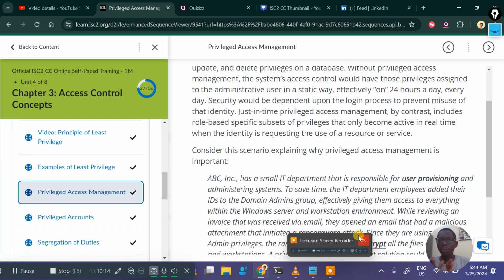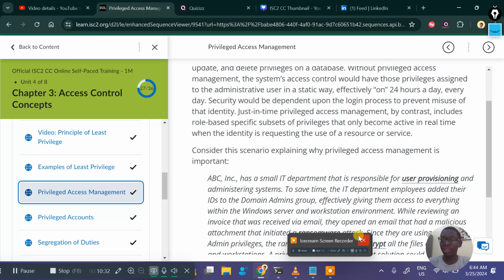It's where just-in-time access was put in place, and with that, you can have access to a particular piece of information at a particular time. That is what just-in-time is all about. You can have access to information right when you need it.